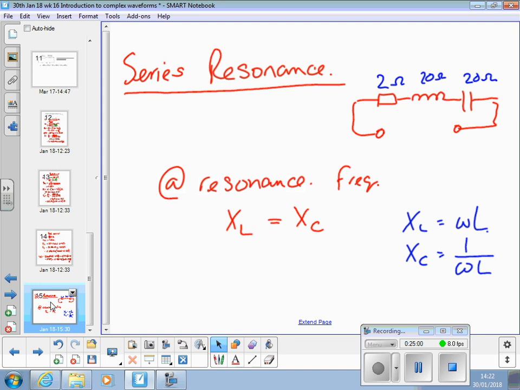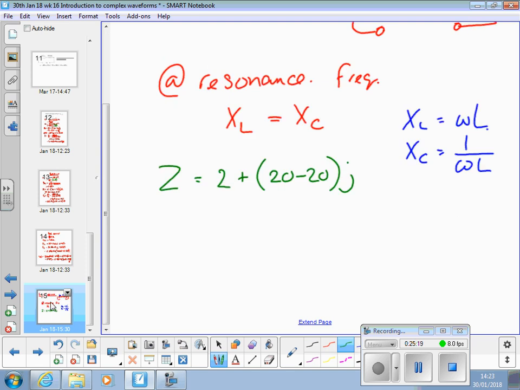And what do you get? At resonance, the overall impedance of the circuit at that particular frequency is R.